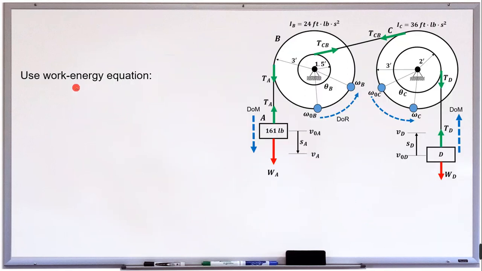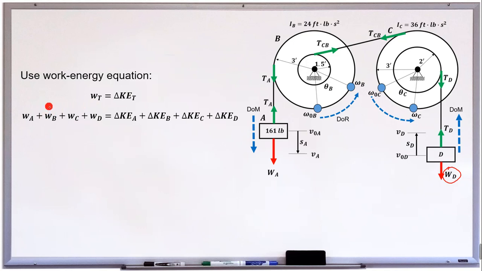Next, we will use the work energy equation in order to solve for the weight of our block D. The total work done on the system is equal to the total change in the kinetic energy in our multi-body system. The total work comprises the individual works done on each of the objects present in the multi-body system.